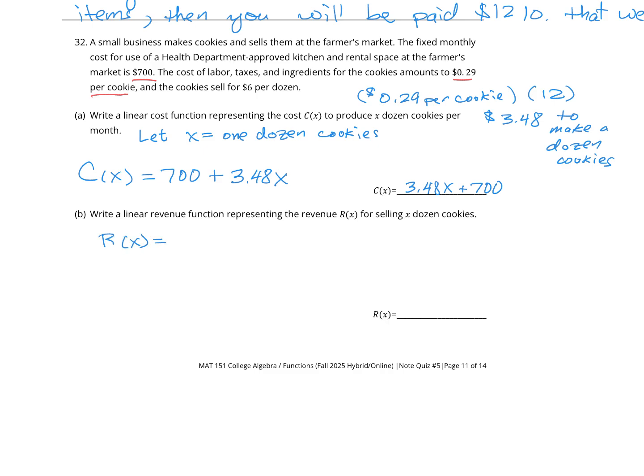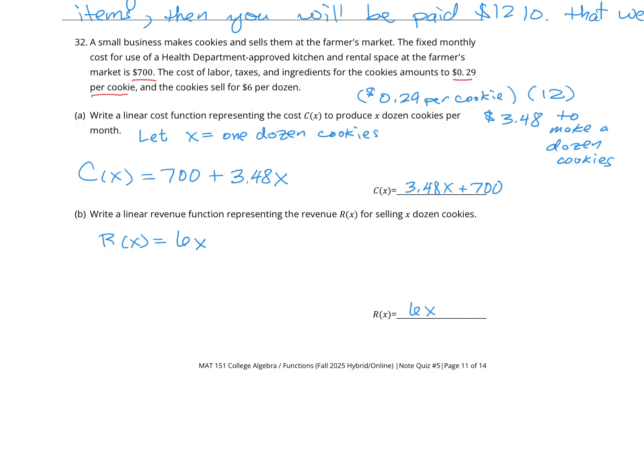We know that we're going to be getting paid $6 or charging $6 for every dozen cookies. So if you sell 1 dozen, you make $6. If you sell 2 dozen, you get $12. 3 dozen makes 18, and so on. So 6x is our simple revenue function.